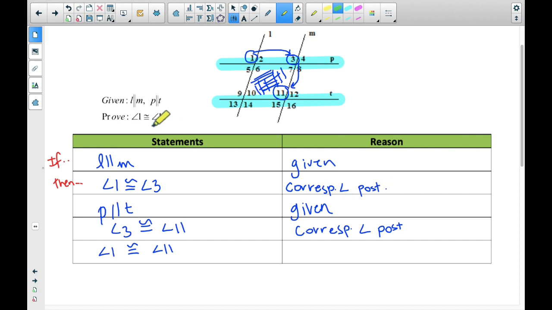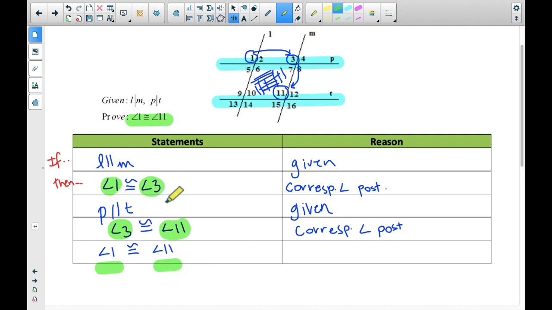Okay, now we've run out of lines, and so we need to be ready to now say that angle 1 is congruent to angle 11, which we can. If we look back at what we've written, we have angle 1 congruent to angle 3, angle 3 congruent to angle 11, and now I'm saying angle 1 is congruent to angle 11.